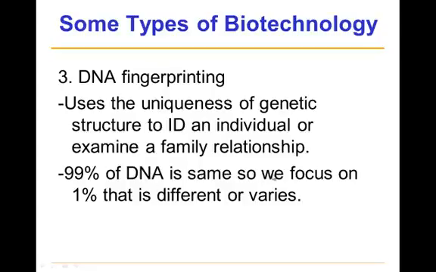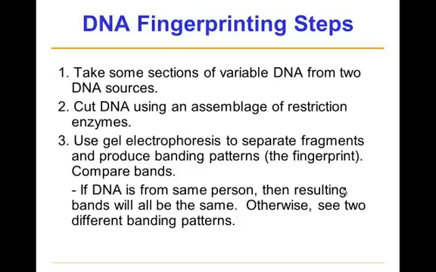You learned this in the NOVA video, Cracking the Code, that they said 99% of human DNA is the same. I think it's a little bit less than that, we found since that video was made. But nevertheless, the vast majority of human DNA is almost identical. And so we have to focus on the part that is different. We actually use non-coding sequences that have multiple copies, and this is the area that we focus on for DNA fingerprinting.